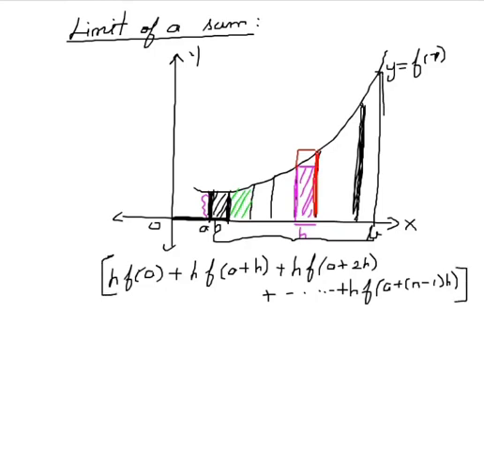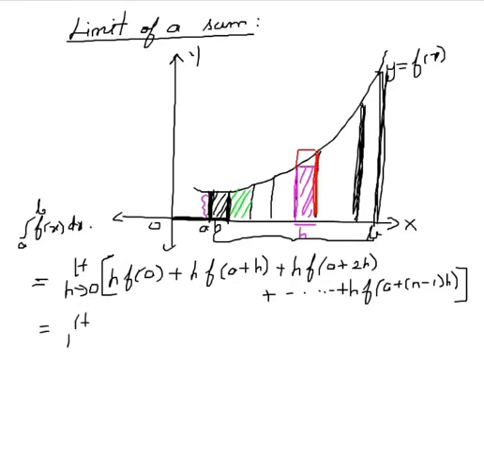Whereas if you consider this height, it will be nh. But in all the strips, we have taken the left-hand side height. Therefore, it will be a plus n minus 1 h. So, we can consider them as rectangles only when h tends to 0. So, this gives area under the curve, and it is denoted by the definite integral a to b f of x dx.